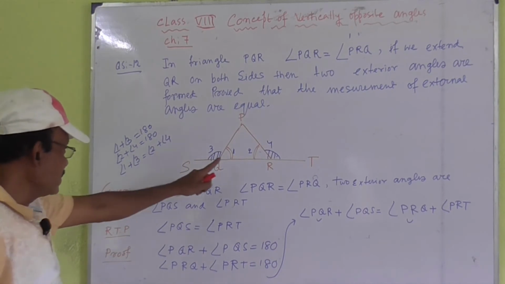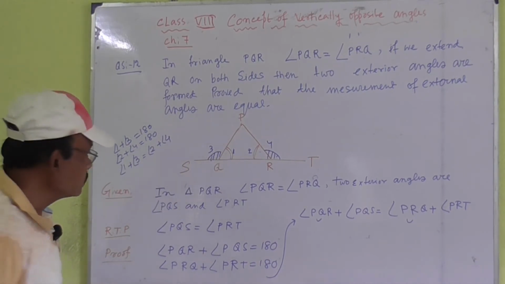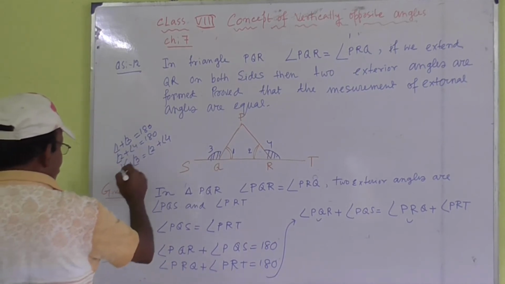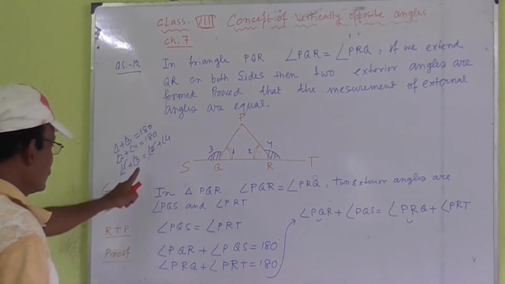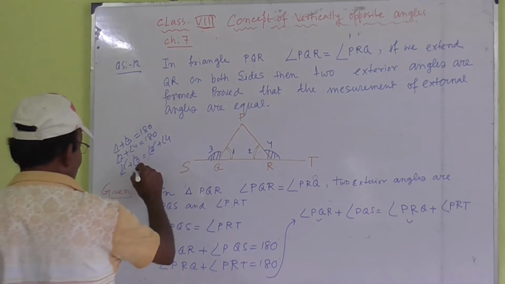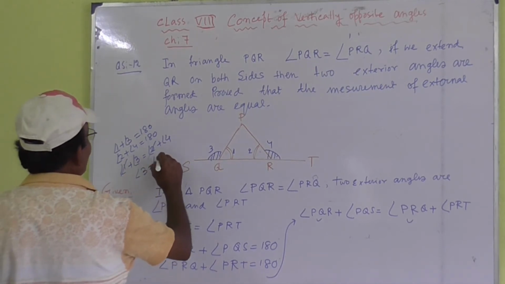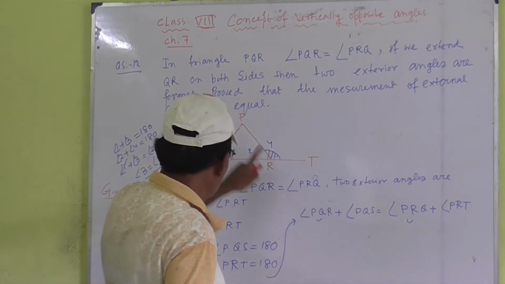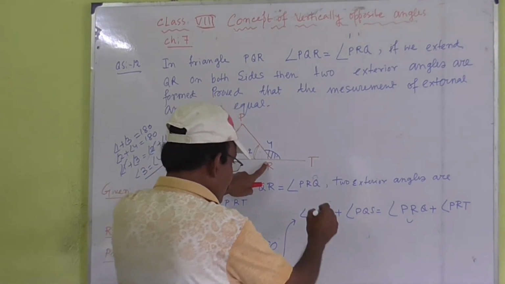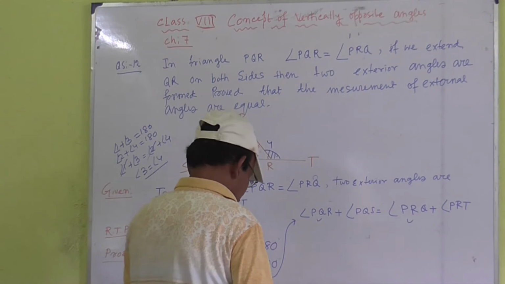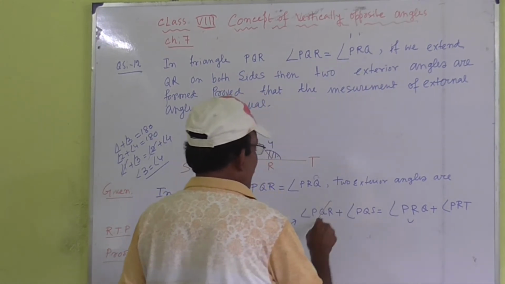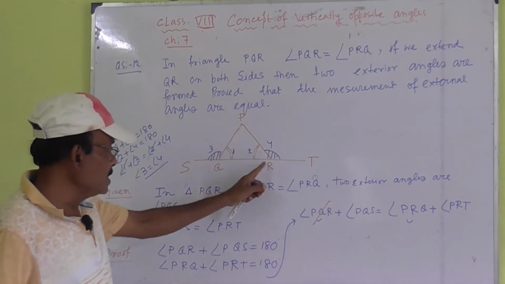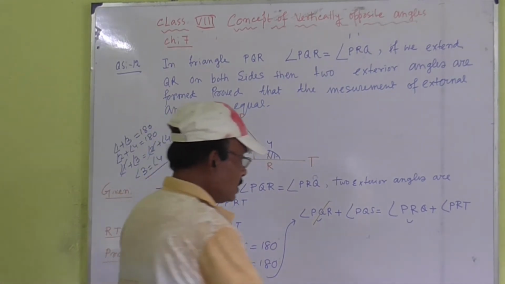Here, given that angle 2 equals angle 1, so we cancel this, and angle 3 equals angle 4. That means angle PQR and angle PRQ cancel.